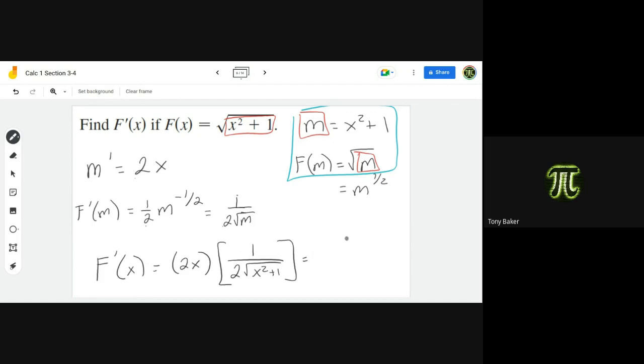So then putting it together, I would end up with just x over the square root of x squared plus 1, because the 2's would cancel out.